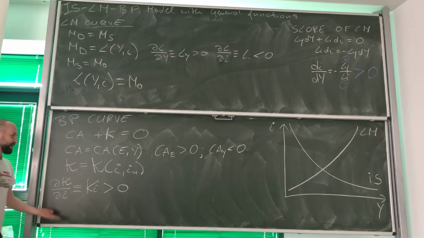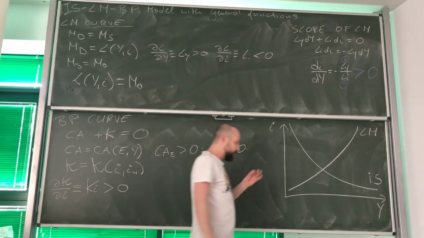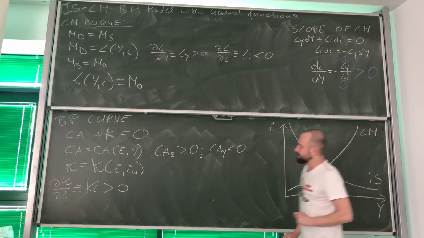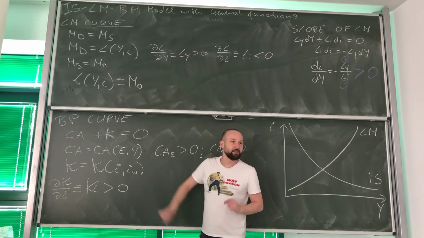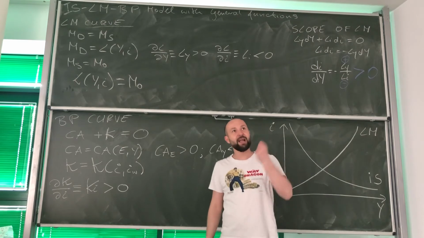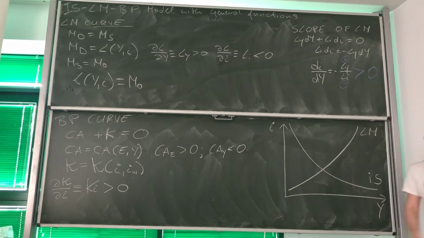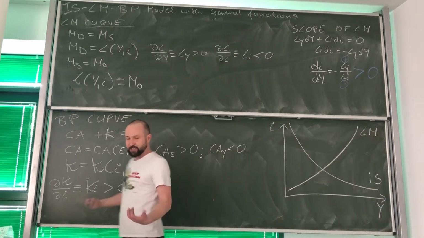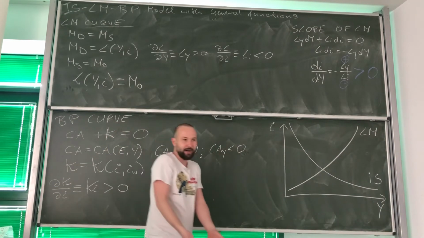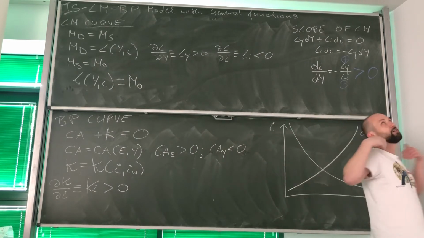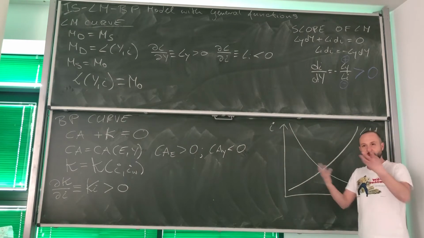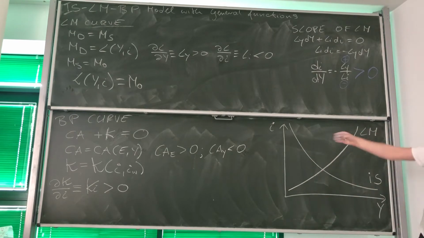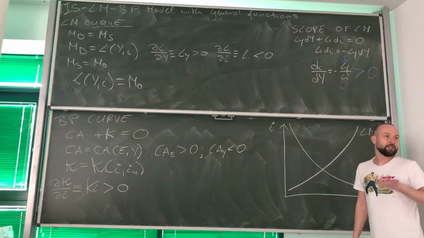If the interest rate in our country goes up while the interest rate remains the same in the rest of the world, our assets become relatively more attractive, and people from the rest of the world would like to purchase our assets, so they will need to purchase our currency in order to purchase our assets. So our country actually experiences capital inflow.